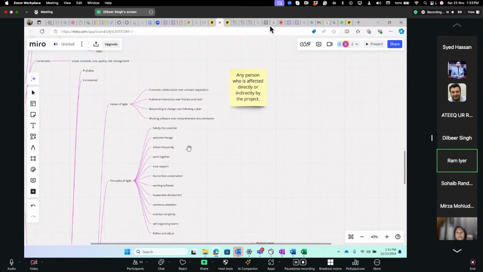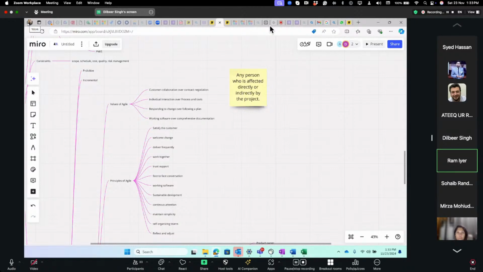One of the major differences between agile and the traditional approach is that instead of a change control board, we take the change to the product owner and we work on the requested change and add it to the product backlog.